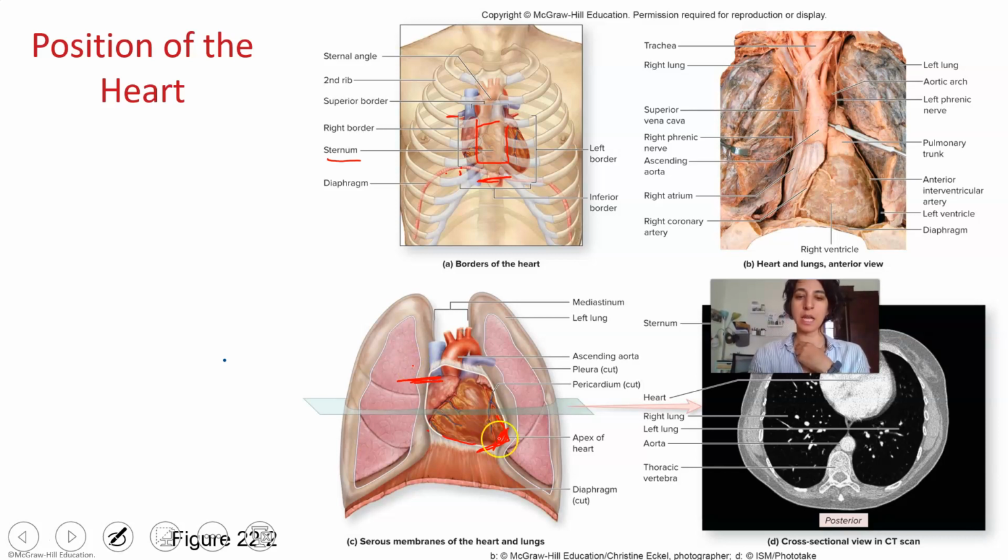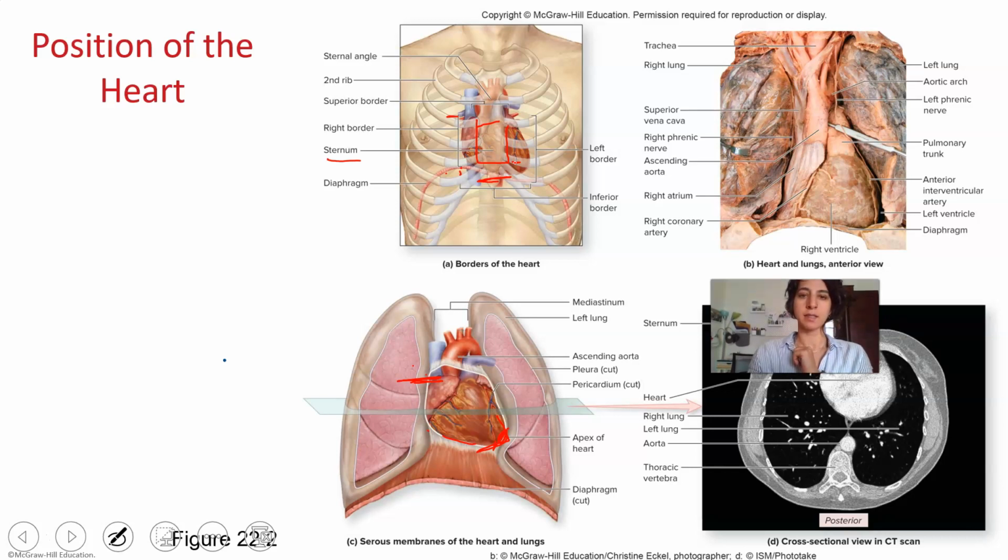So we have the apex and the base, and one thing we should note also is that it is located mostly to the left of the midline of the body. So it's not directly centered, it's slightly shifted to the left of the body.